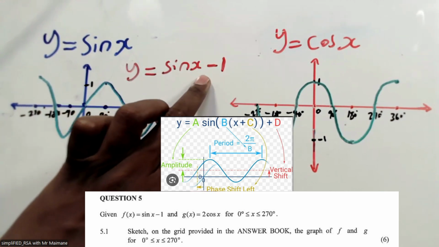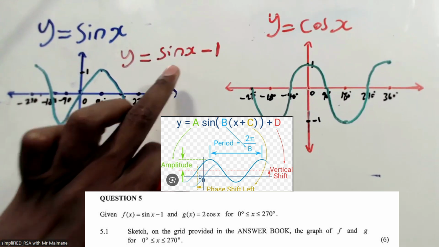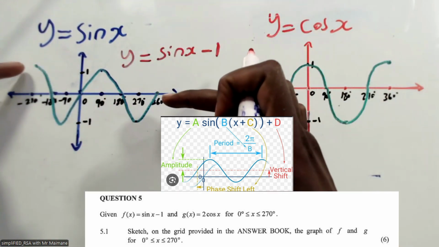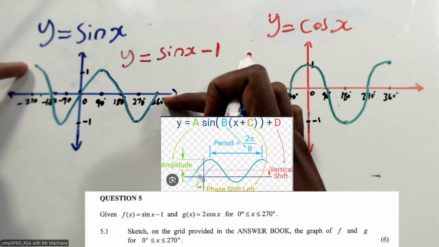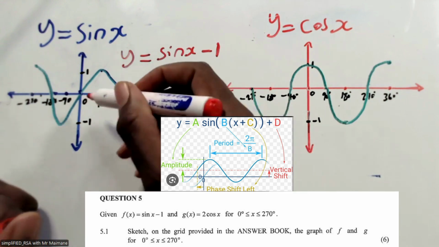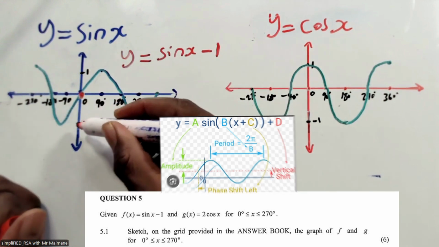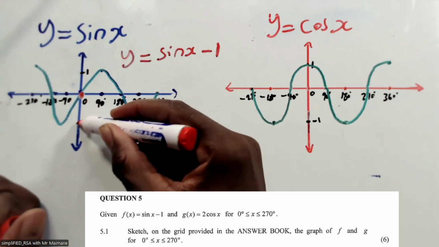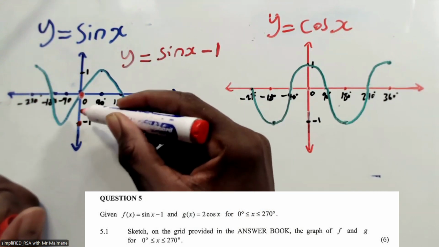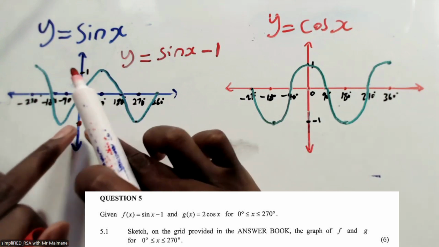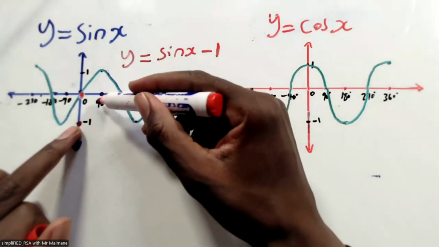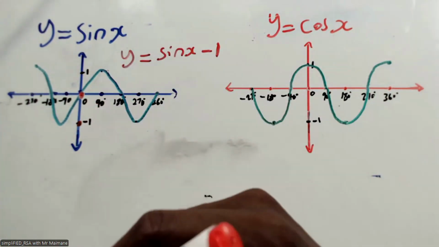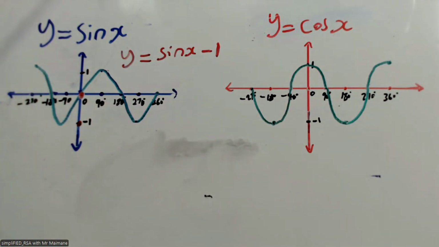But because it's negative here, the graph is just going to move 1 unit down. So from 0, the graph is going to move 1 unit down, and our new 0 will be here. The graph is just going to go like that, just underneath. Everything is just going to move down. So our new graph, ideally, is going to have something of this form.